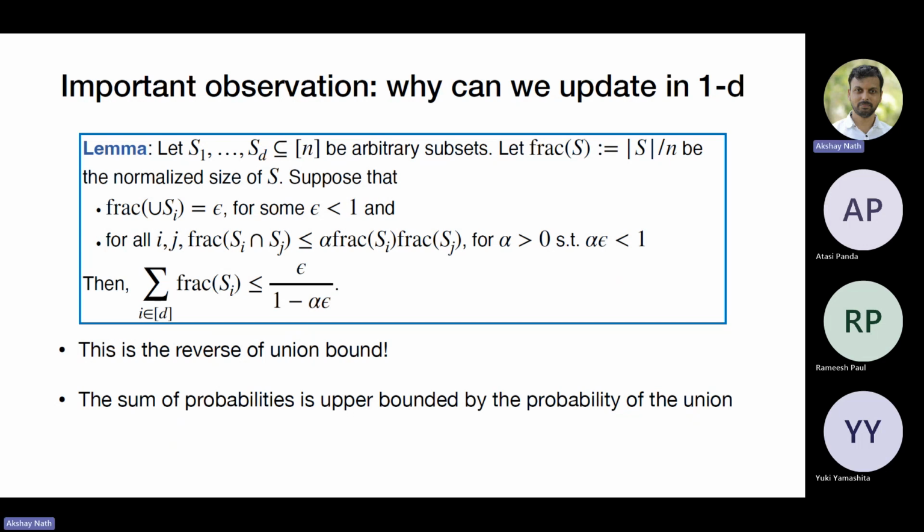Here I use the fraction of X_i, which is a bit weird; you can think of it as a probability, the probability that we take a point from the set S_i. Because we can make alpha epsilon a constant, for example 1/2, the right-hand side is just 2 epsilon. So we bound the sum of the fractions of S_i by 2 epsilon.